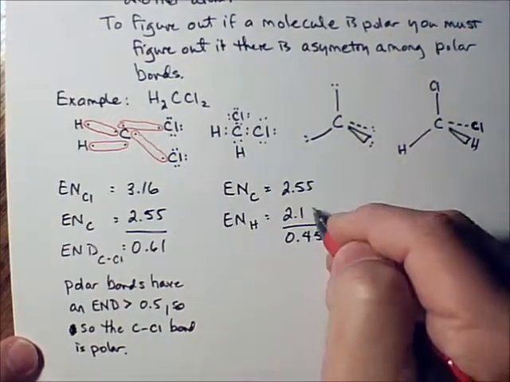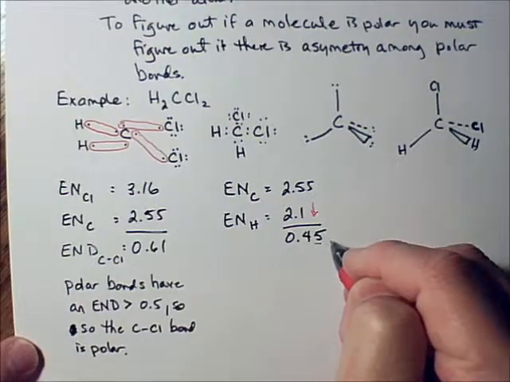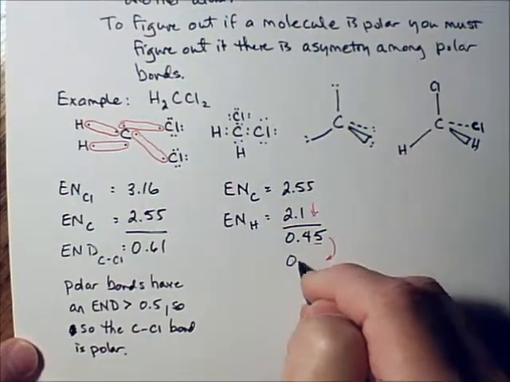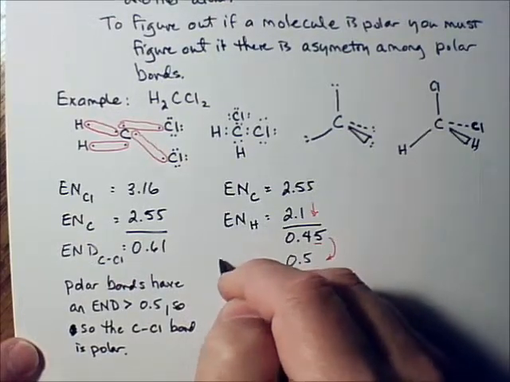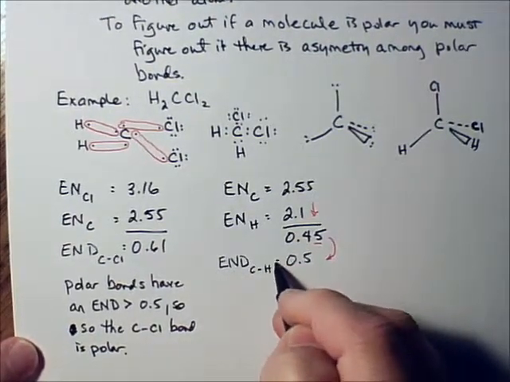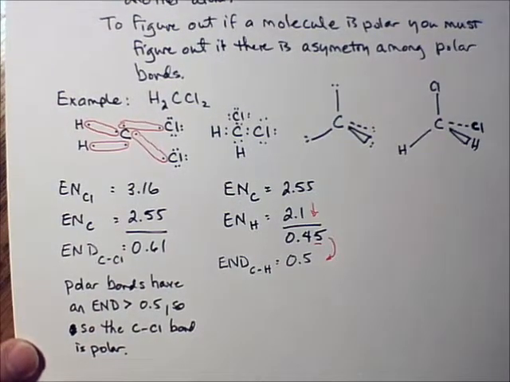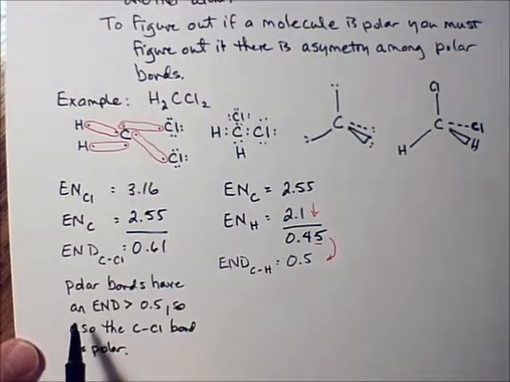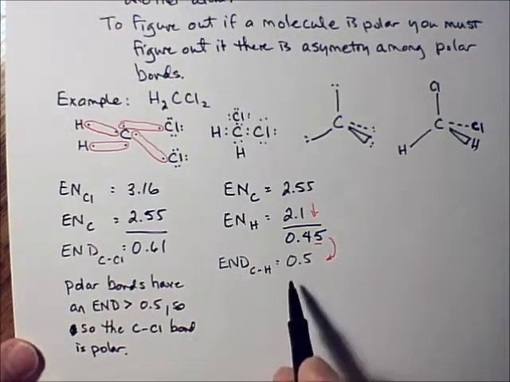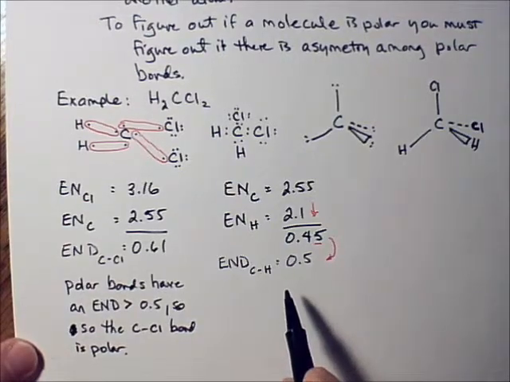But what I taught you in Unit 1 was anytime you got an empty slot, you have to round off that digit. So the answer we actually want is 0.5. So the electronegativity difference for a carbon to hydrogen bond is 0.5. Since polar bonds have to have an electronegativity difference that's greater than 0.5, then in this class, we consider this to be nonpolar.